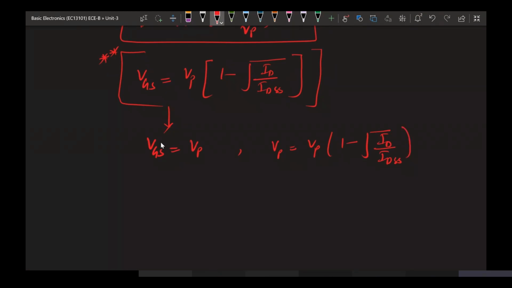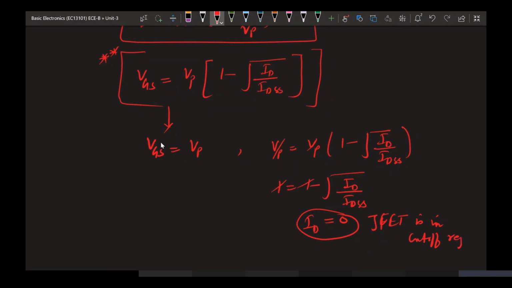So this will be cut, so it will be 1 equals 1 minus under root ID divided by IDSS, and from here we can write ID will be nothing but 0. So ID equals 0 is the case when the JFET is in cutoff region.